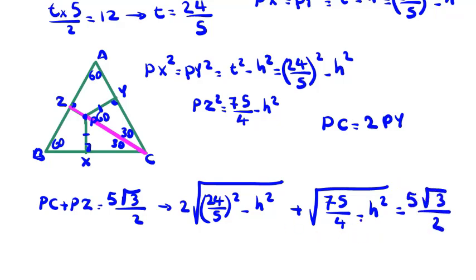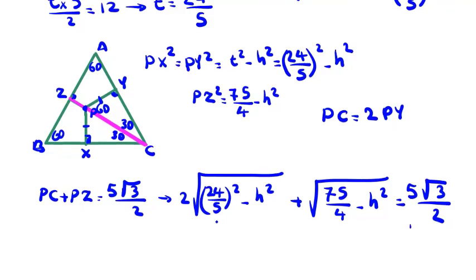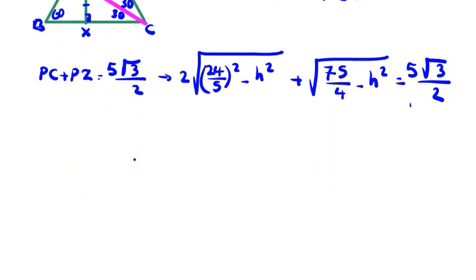So we have now one equation, one variable. If we find h, then the problem will be solved. In the equation we have h squared, so I consider h squared equals m. We don't have h alone, so that works. We take 2 times this and raise both sides to the power of 2.